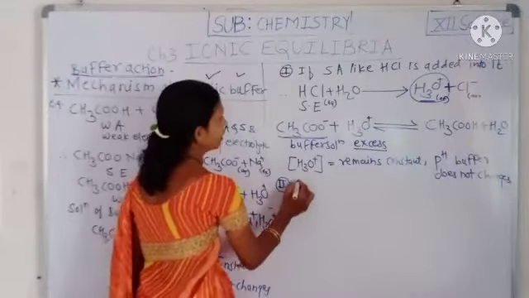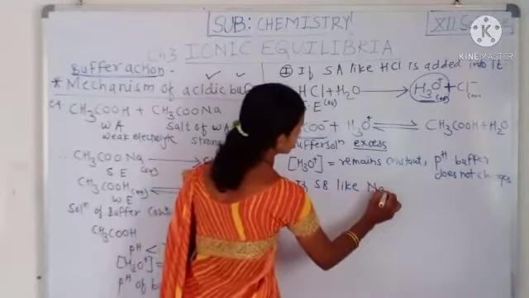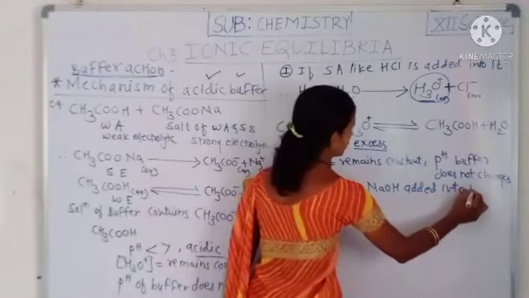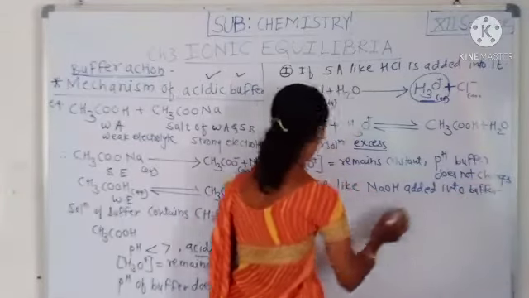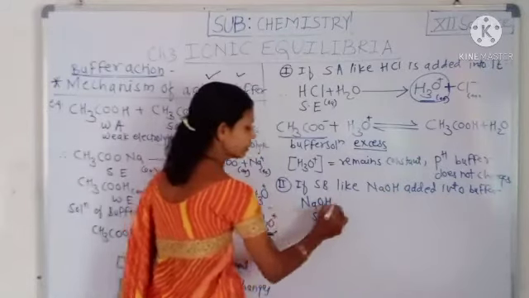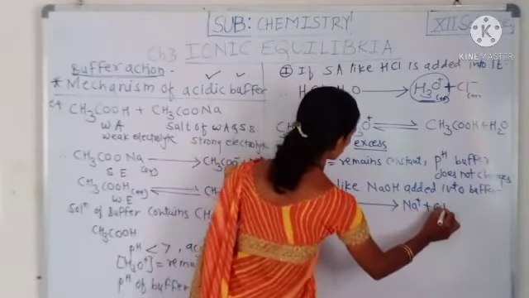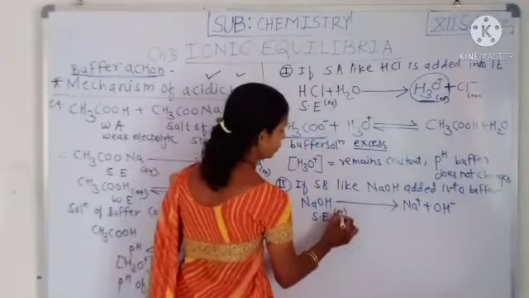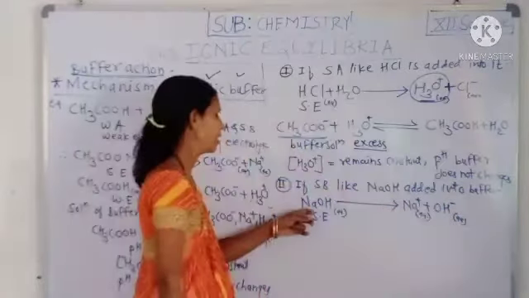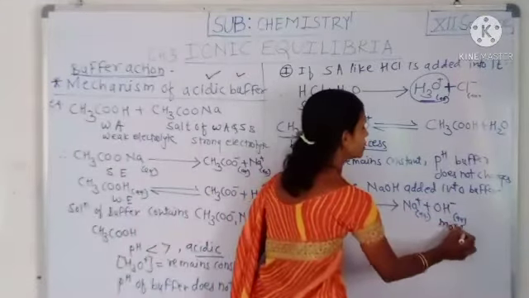Similarly, if a strong base like NaOH is added into the buffer, then as NaOH is a strong electrolyte, it dissociates completely to give Na+ and OH- ions in aqueous medium. And here, as NaOH is a strong electrolyte, it gives more and more OH- ions.